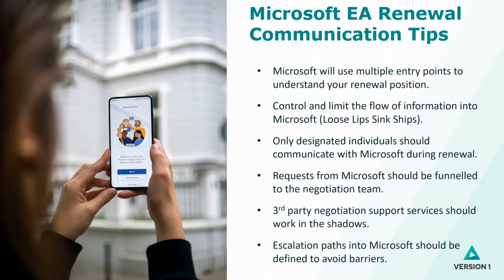And then the final point, should I say, is that escalation paths into Microsoft should be defined, so that you avoid any potential barriers as you get into the latter stages of the renewal cycle itself.